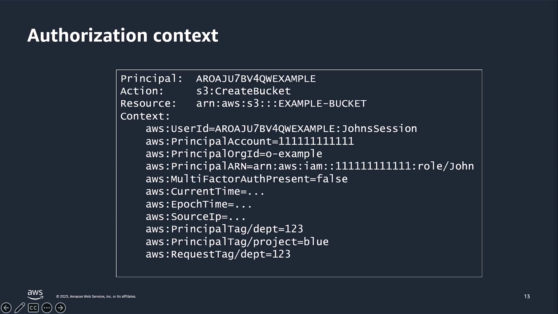IAM then compares this authorization context to your IAM policies to determine which policy statements match, and in the end, if a request is allowed or denied. Now, don't get too caught up on the exact values that you'll see in these examples of the authorization context. They're just for illustrative purposes to help you understand how statement matching works. You should use the IAM documentation to determine what a particular value will look like in the authorization context.